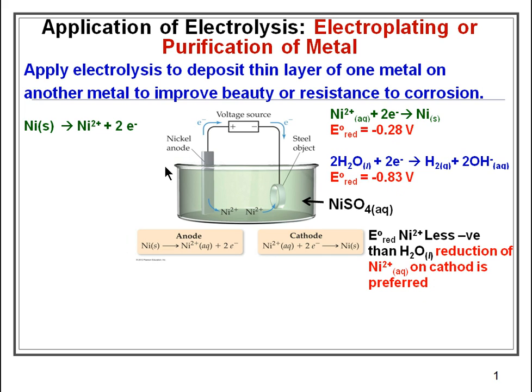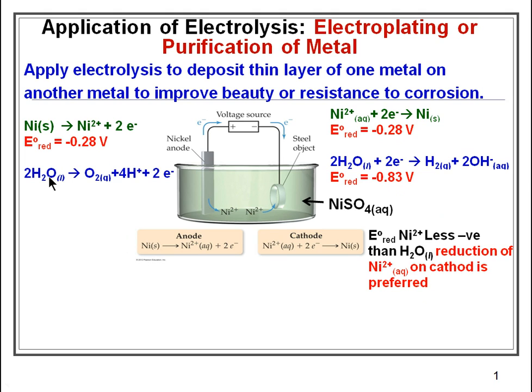And the same thing will happen on the anode also. There are two possible oxidation reactions. Number one, nickel solid can lose 2 electrons to form nickel ion, and its reduction potential is minus 0.28 volt.